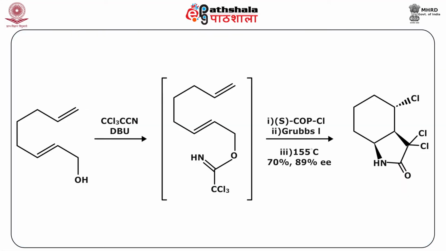The overall process involves three distinct processes, which are catalyzed by palladium and Grubbs' first generation catalyst. The main advantage of this process is the high yield and high enantiomeric excess of the desired product. The outline of the reaction is shown here in the figure.